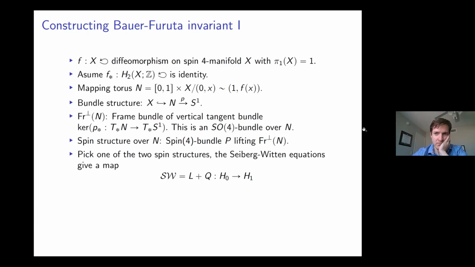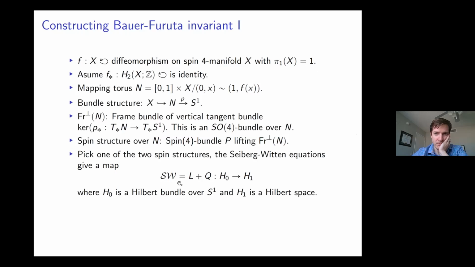Then the Seiberg-Witten equations give us a map SW from H⁰ to H¹. Here, H⁰ is a Hilbert bundle over S¹, and H¹ is a Hilbert space.